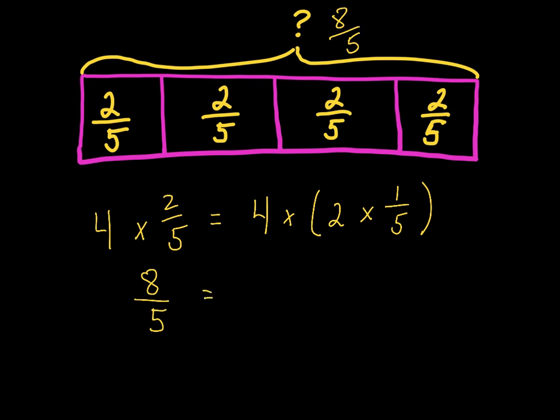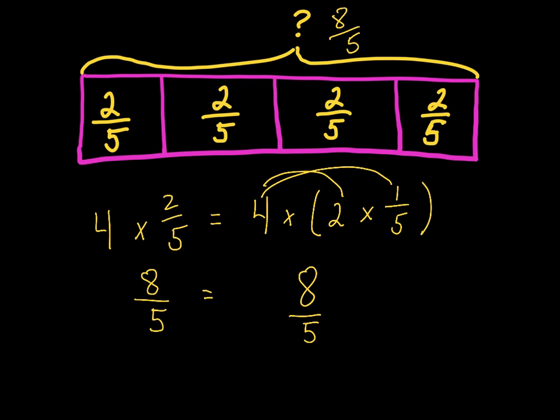Well, let's try. 4 times 2, that would give us 8, over 5, 8/5.